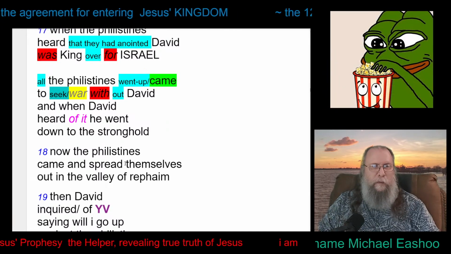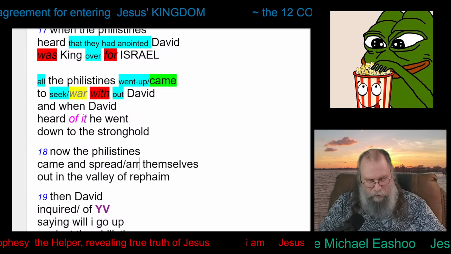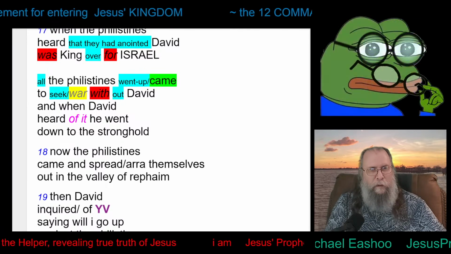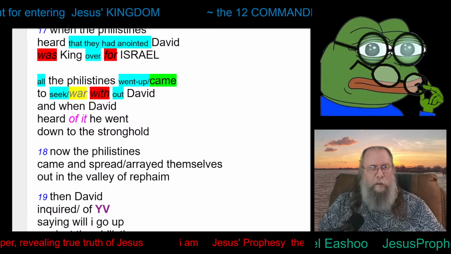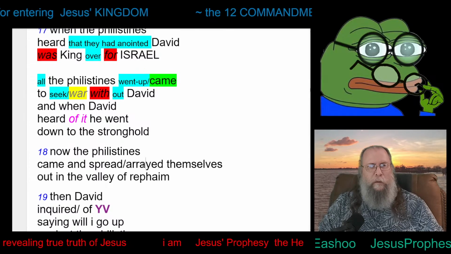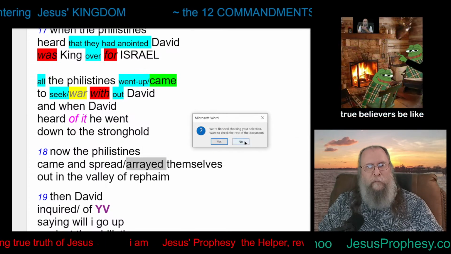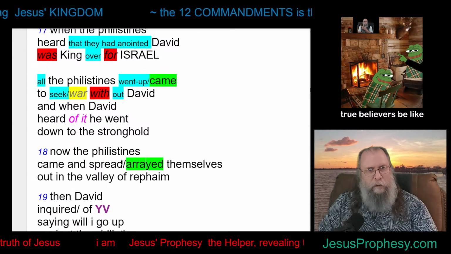Now this, meaning spread themselves out, when they do this line formation, it's called a raid. Raid themselves.